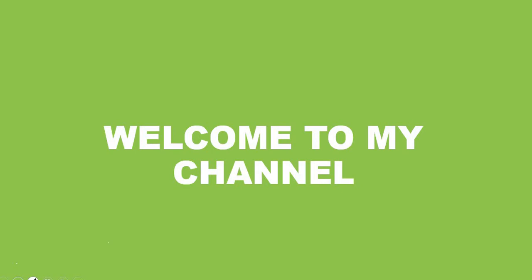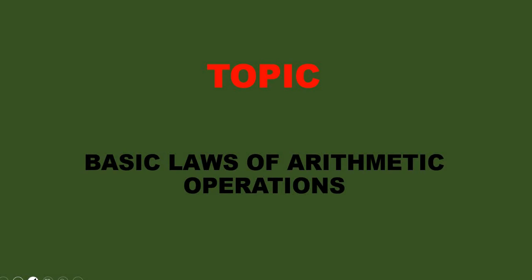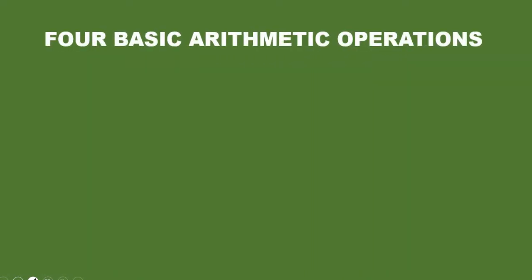Today we'll be looking at the basic laws of arithmetic operations. Before we go into the laws of arithmetic operations, I want us to note the 4 basic arithmetic operations we have.